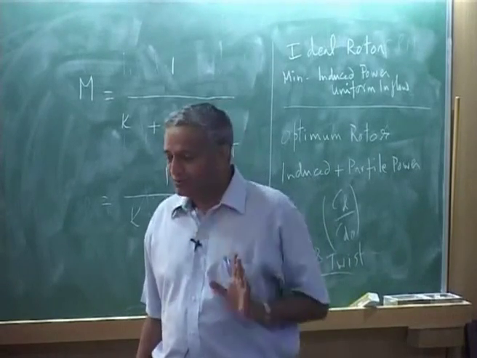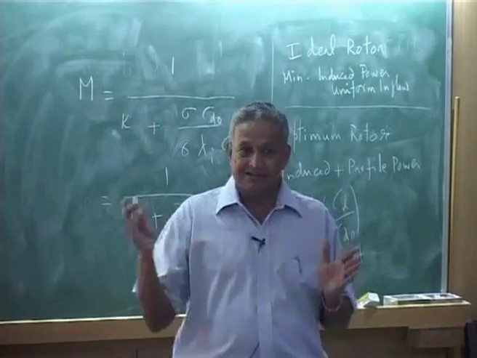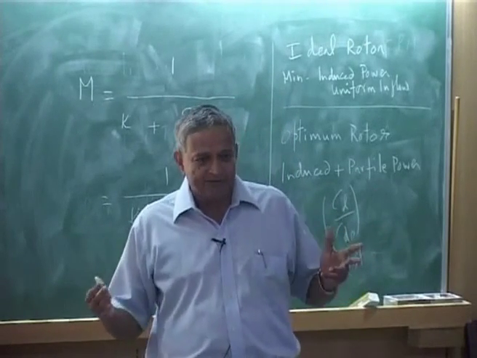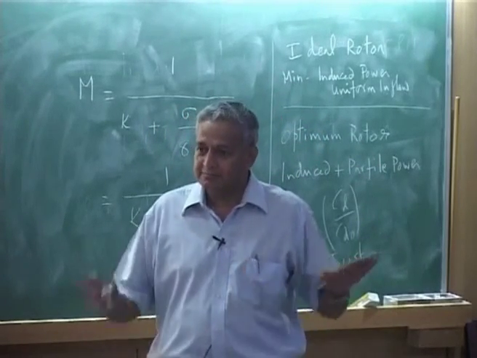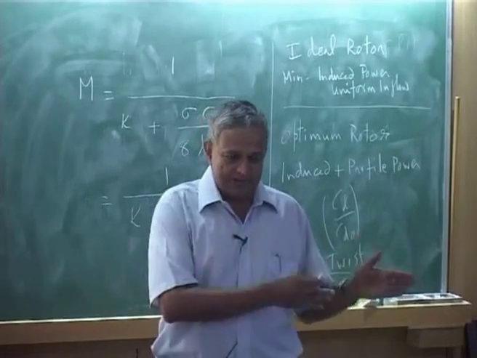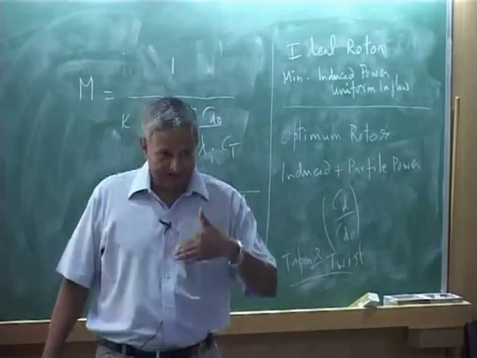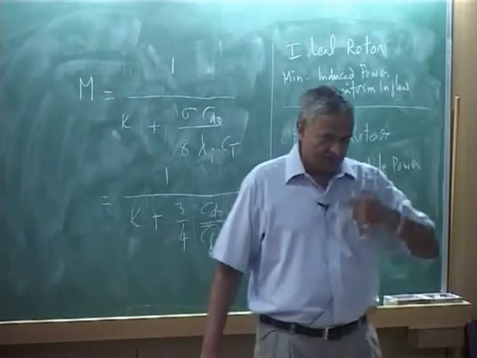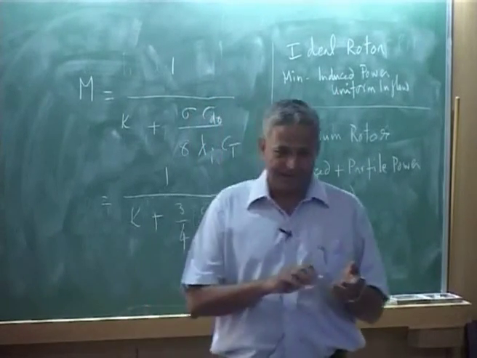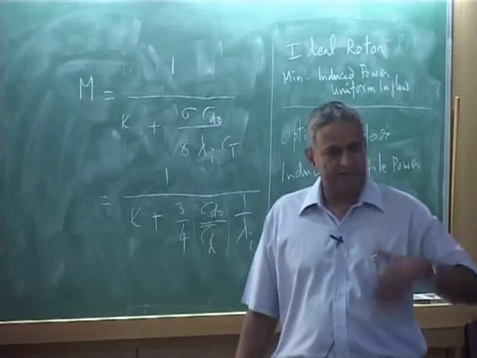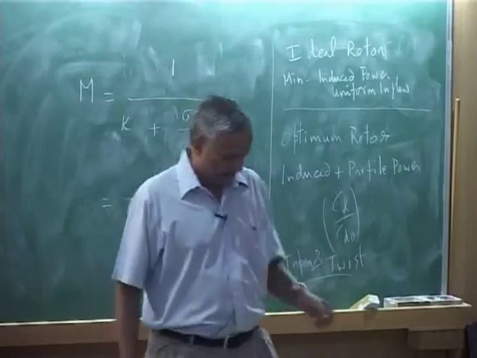When you get all those plots, you will know what effect the twist really has. For uniform inflow we want ideal twist, and you will see slowly what is happening in the rotor, what the pitch angle is at various sections. I want that as a graph. You have to write a small computer code, because you can't do hand calculation every time. Write a small code, generate the results, and plot them for a given rotor system.